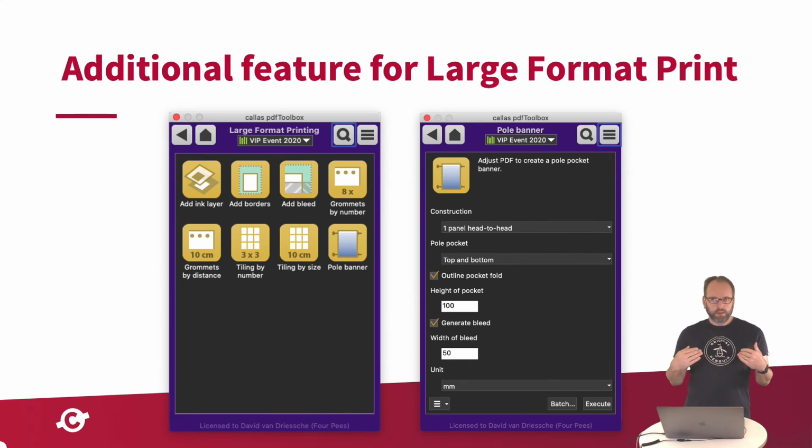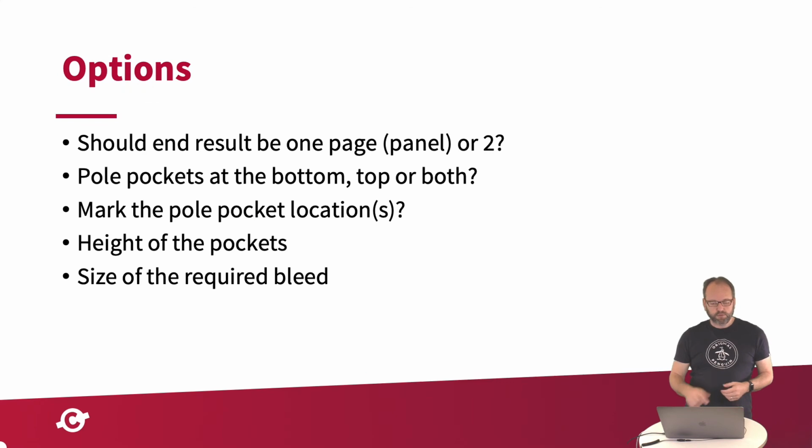And so the purpose of this is really to take something that hasn't been prepared correctly for this type of application and to prepare it for it, add additional space to it, and so on. Add bleed, whatever needs to be done.